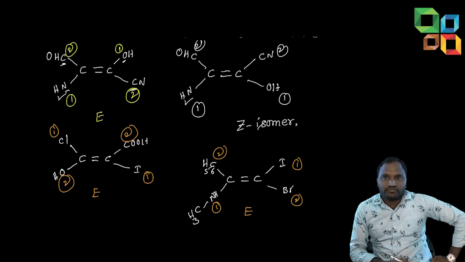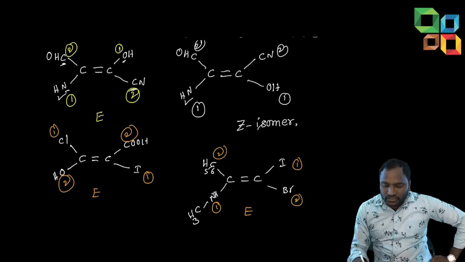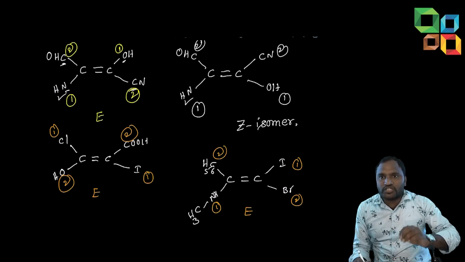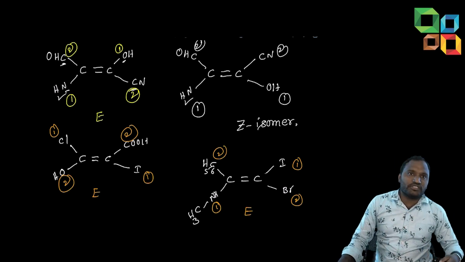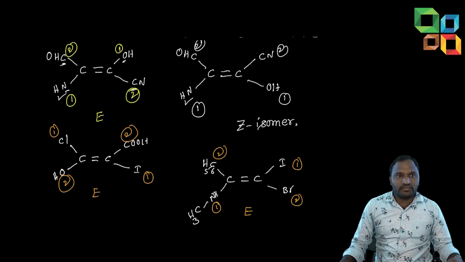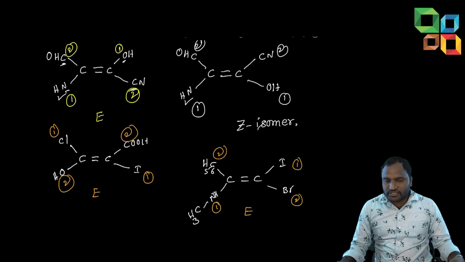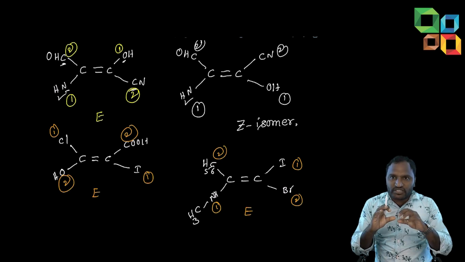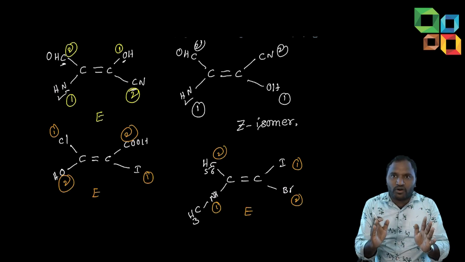First priority will be given to the groups which are directly connected to the double bond. So it should be directly connected to the double bonded carbon. Correct, that we have to consider. If the groups are the same here and here, then you go for the second atom. Anyway, here in the first case itself we get nitrogen. If you still have confusion, nitrogen valency is 3: one bond to hydrogen, one bond to the methyl group, and one bond to the double bonded carbon.